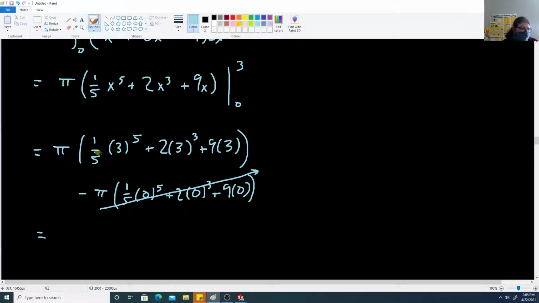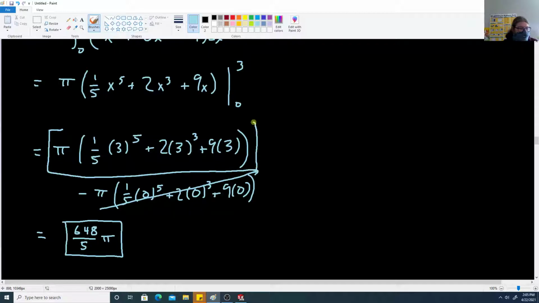If we work the top part all the way out, we'll end up with 648 over 5 times pi. If you type it in a calculator or do it out by hand, that will turn into this.